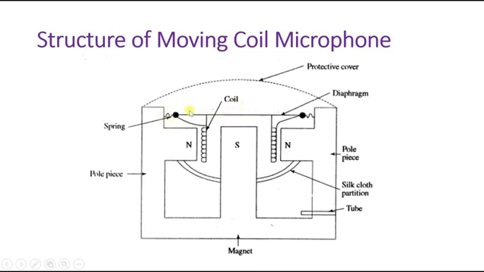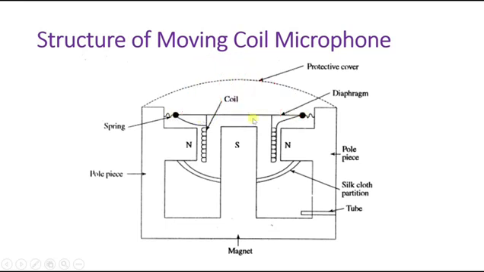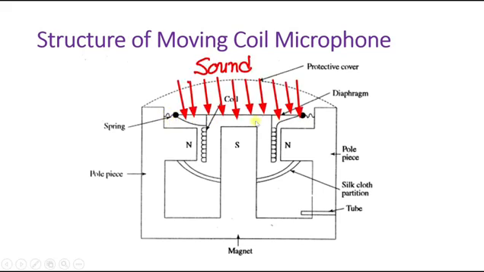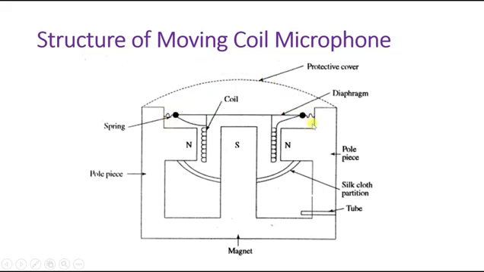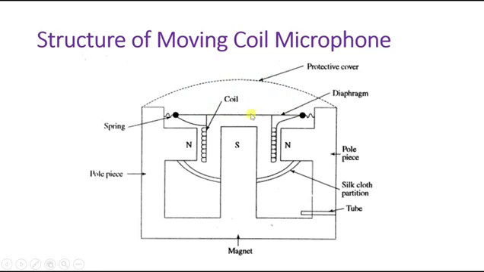The reason is that when sound is reflected on this diaphragm, it will provide a vibration effect, and that vibration is happening because of the spring over here, and because of that vibrational effect this diaphragm will vibrate like this, and that will provide a positional change of this coil like this.